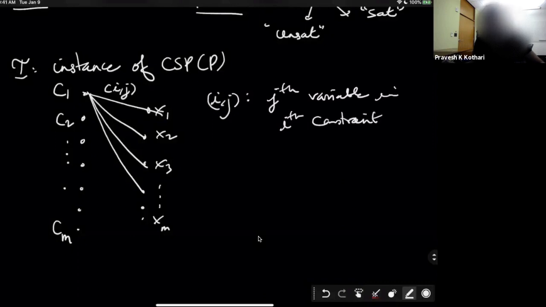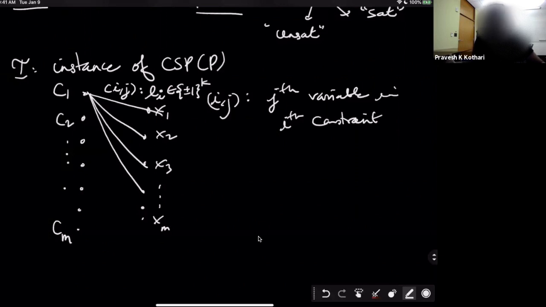Good. Now I'll give an example very soon, but we will have a certain literal pattern. For each C_i, I'll have a bit vector. This is basically my way to allow negations of variables that appear in the constraints. I'll explain what that means in a second. But this is basically a complete description of a CSP instance.